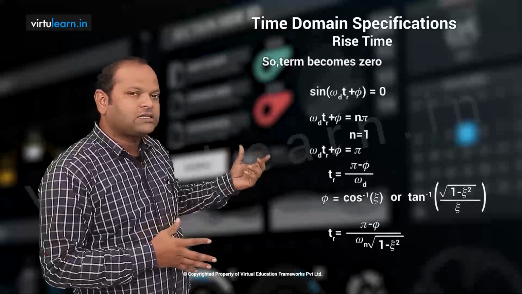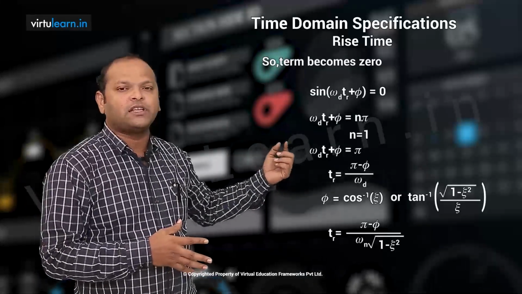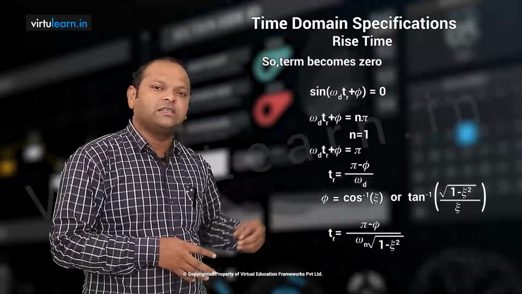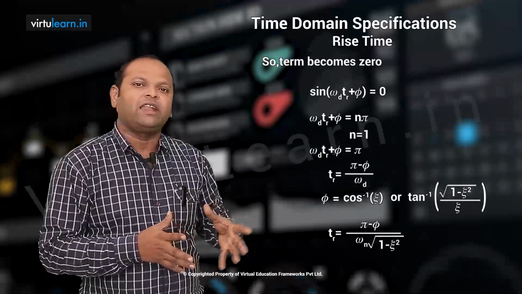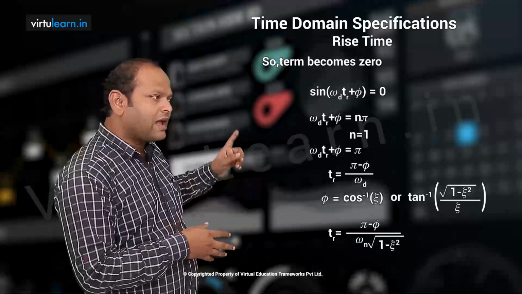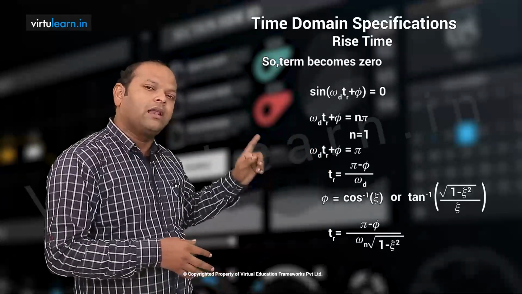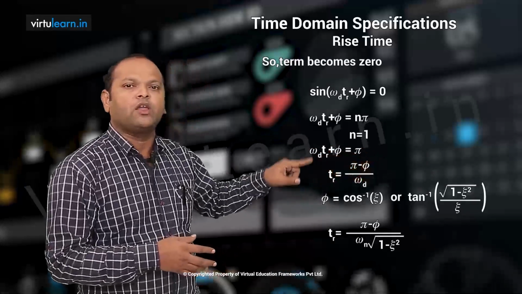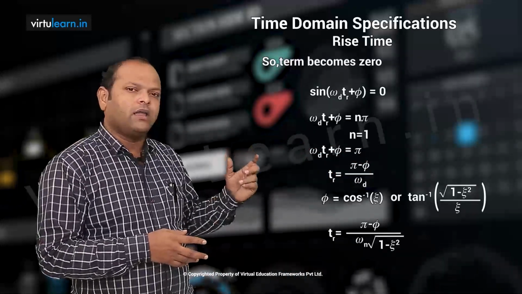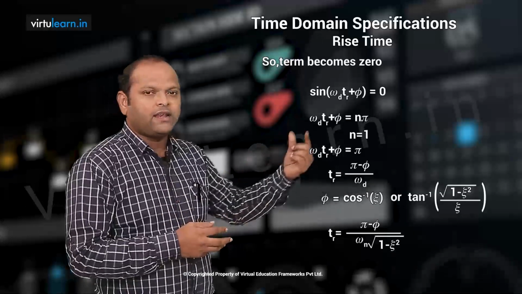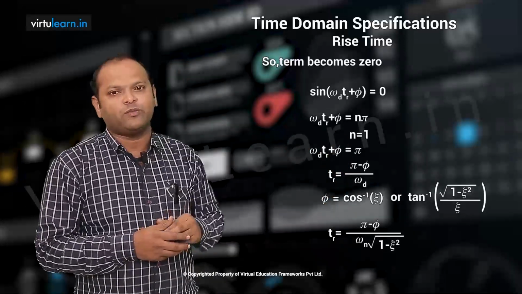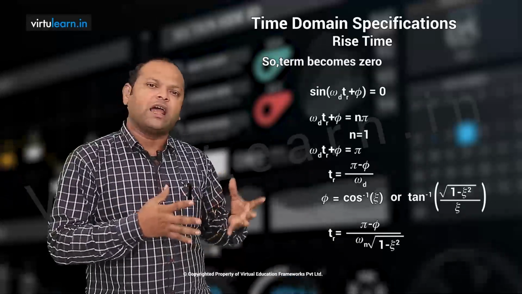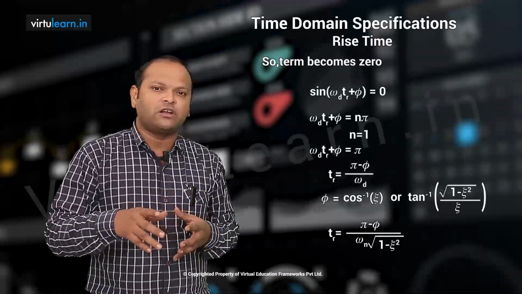Therefore, obviously the second term is 0. So I can write sine omega d tr plus phi is equal to 0. That 0 I can represent as sine n pi, but I will take n equal to 1. Then I can cancel sine, and I can write tr as pi minus phi divided by omega d. Pi is 3.14 we know. Phi you can define from the damping ratio triangle, either cos inverse zeta or tan inverse of under root 1 minus zeta square by zeta.